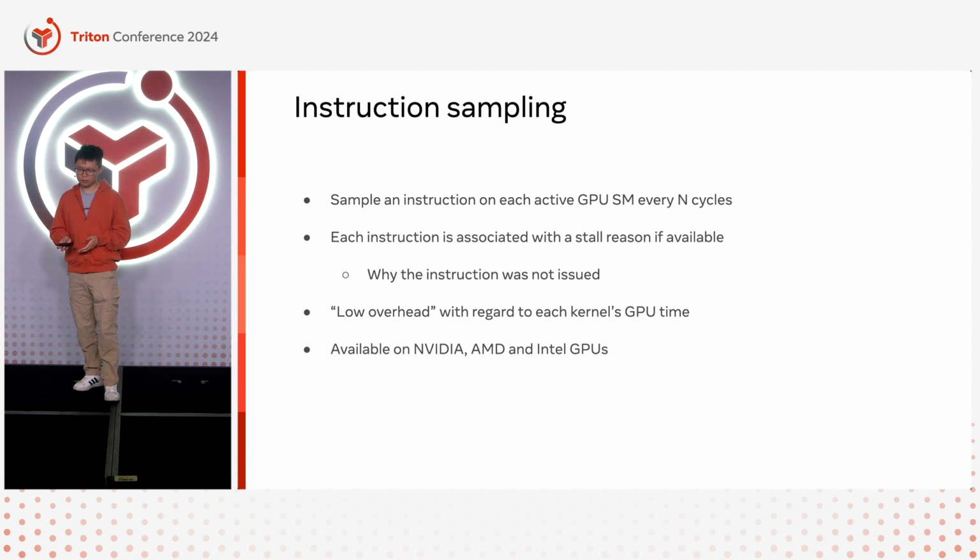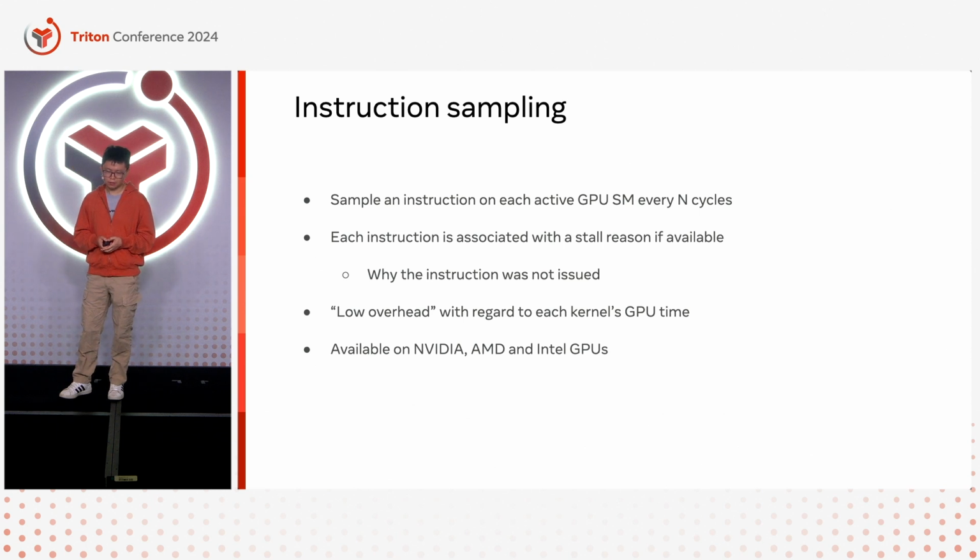So here's how instruction sampling works. It samples the instruction on each active GPU SM every n cycles. Each instruction is going to be associated with a stall reason if available. It's going to tell you why the instruction is not issued, why it's taking a long time. Instruction sampling triggers relatively low overhead with regard to each kernel's GPU time.